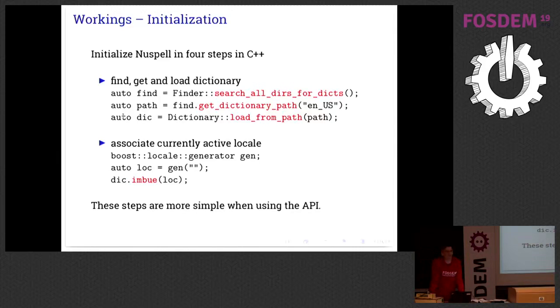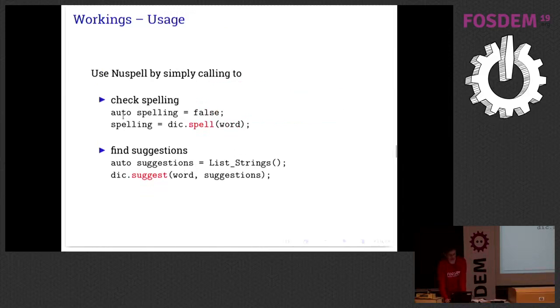And there are a lot of places where these can be found: user dictionaries, dictionaries installed by some packages, installed at the system level, and so on. But using it is a bit easier. If you want to use a spell checker, this is all you have to do. Just feed a word into the spell function and it will give true or false. And if you want to get suggestions, you use the suggest method.